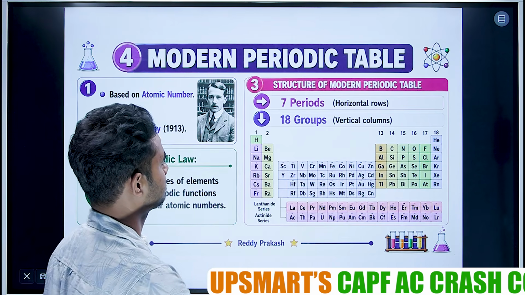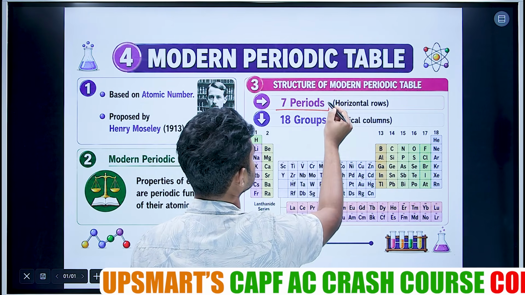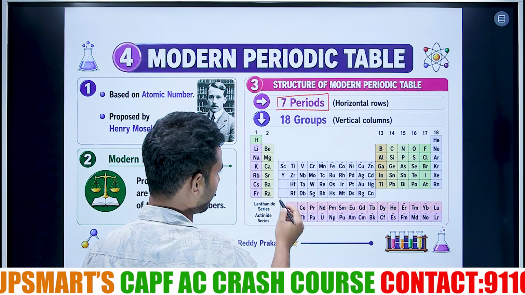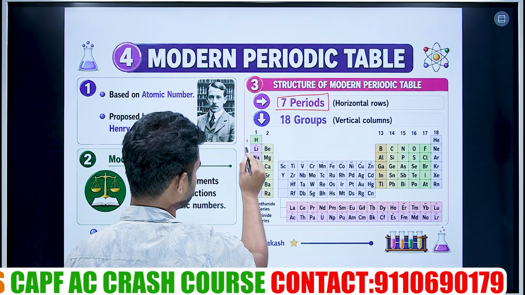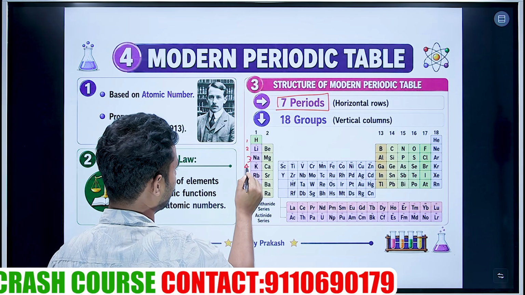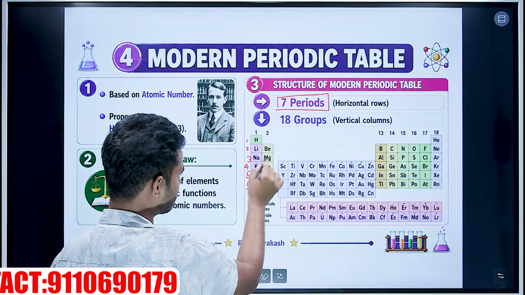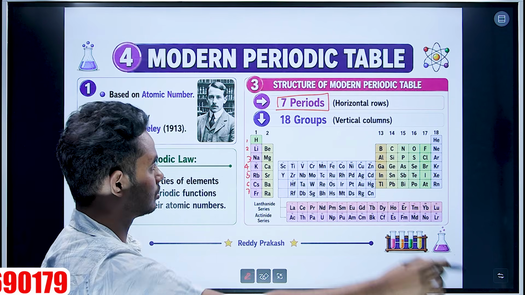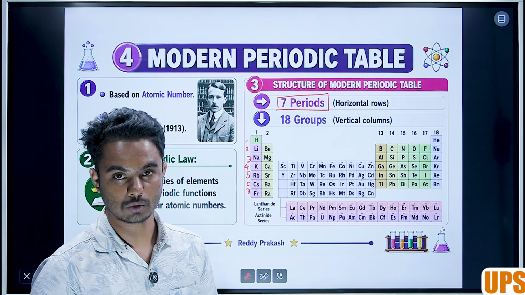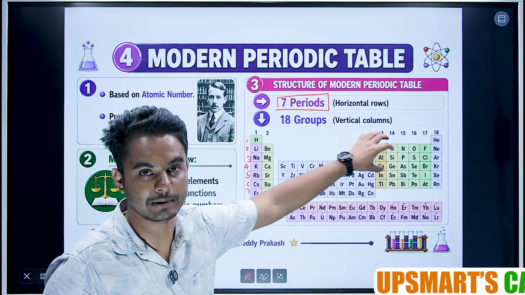Now you see there are 7 periods, meaning the horizontal ones: 1, 2, 3, 4, 5, 6, 7. The horizontal rows are called periods. There are 7 periods.